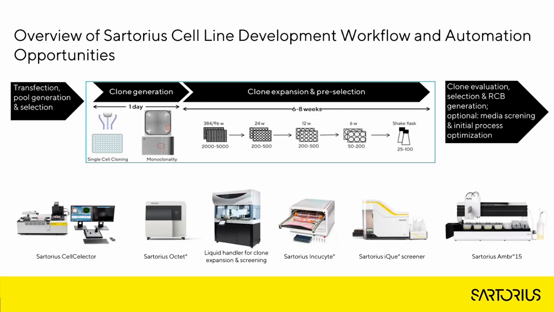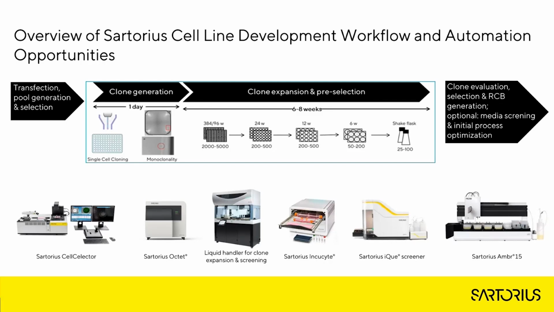Therefore, special focus must be placed on this step of the work process. Starting from several thousand clones, this number needs to be narrowed down, posing a time and work-intense challenge. However, it also presents the opportunity to leverage automation to make this process more efficient and reproducible.